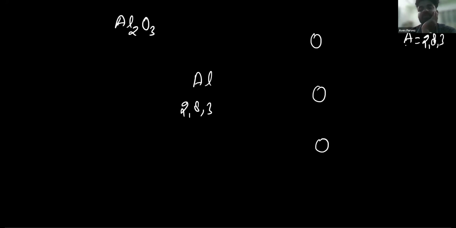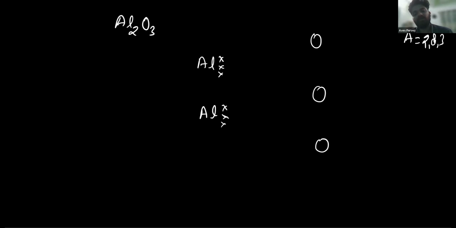So what is aluminum going to do for attaining the stable electronic configuration? It has to lose 3 electrons. And what is oxygen going to do in order to attain stable electronic configuration? It will gain 2. So aluminum has to lose 3, so I'm drawing here 3, because its outermost shell has 3 electrons.